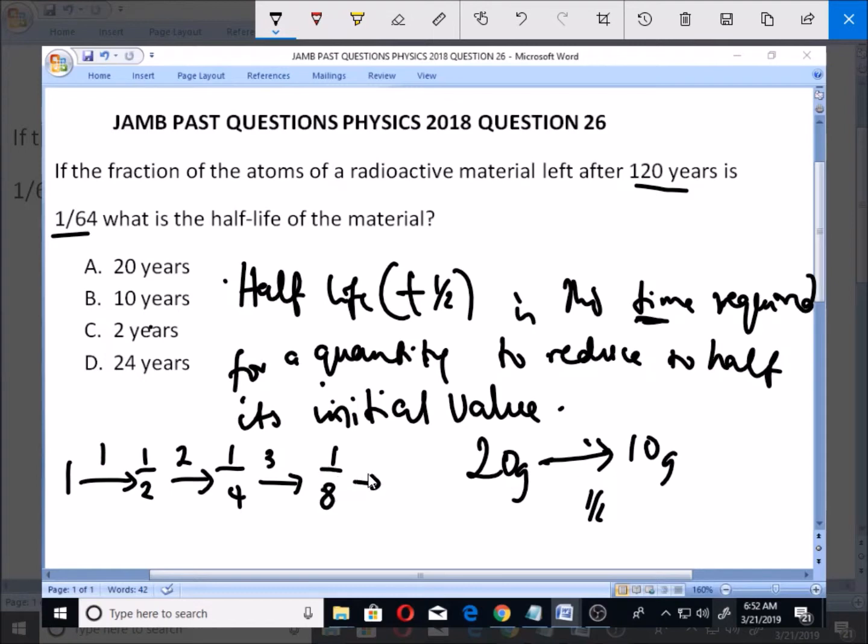And if you're halving again for the fourth movement, you're going to have 1/16. And if you're halving again for the fifth movement, you're going to have 1/32. And finally, you're halving again for the sixth movement, you're going to have 1/64. And 1/64 is actually what is given here.